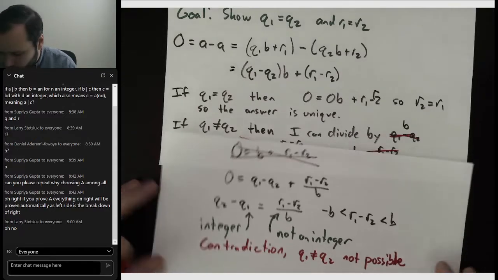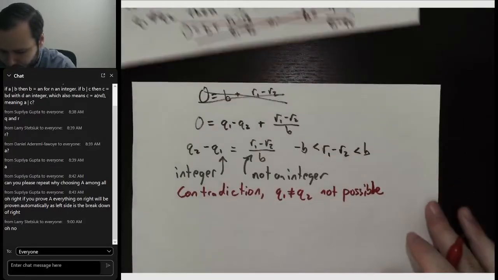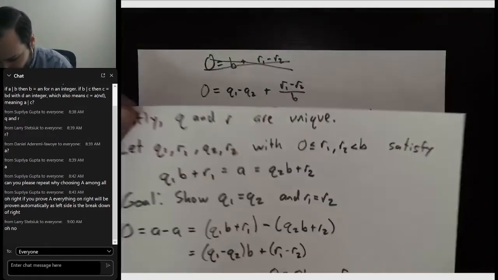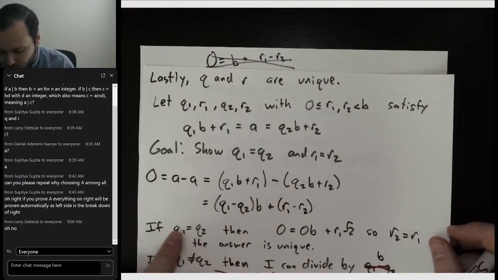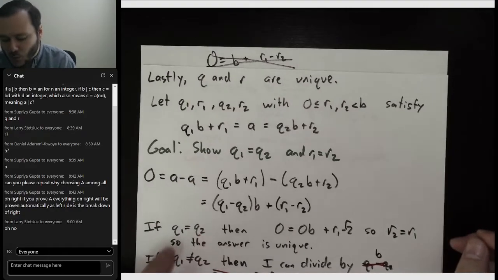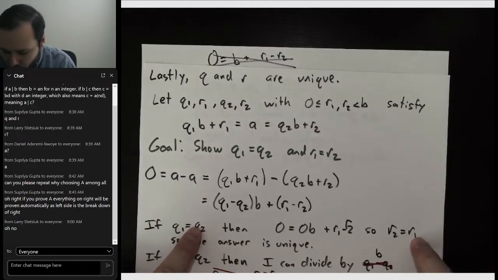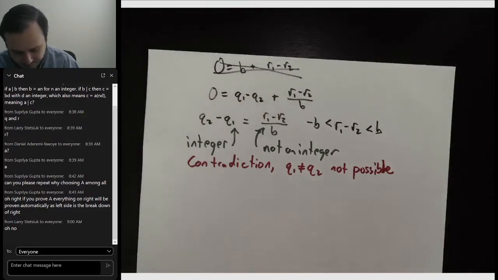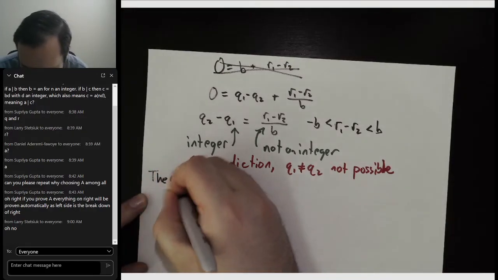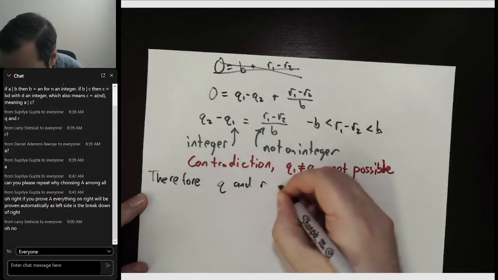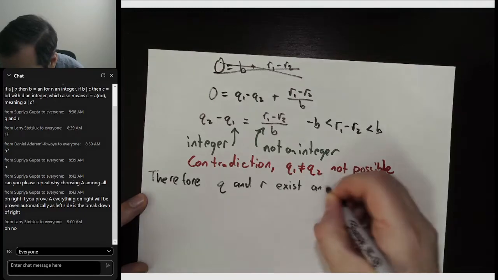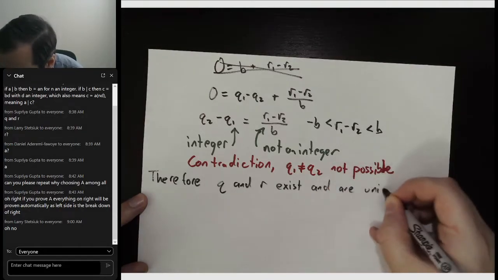Oops, not possible. Okay, so I have shown my goal. The only case that's possible is Q1 is equal to Q2, and when Q1 is equal to Q2, R1 also has to be equal to R2. So finally, therefore, Q and R exist and are unique.